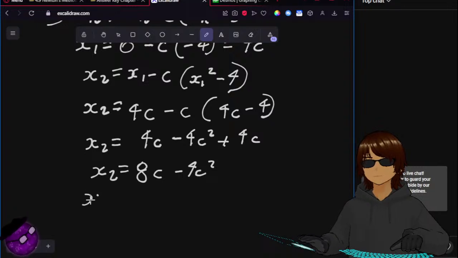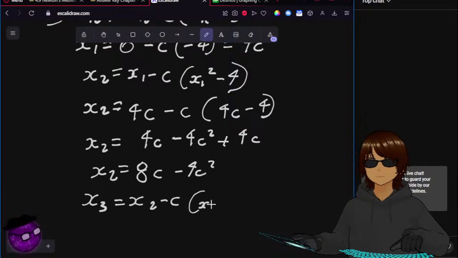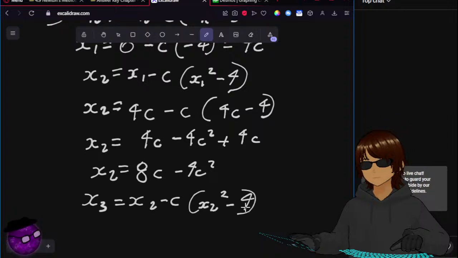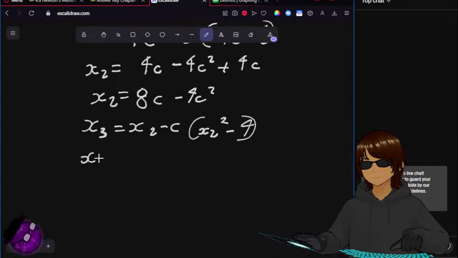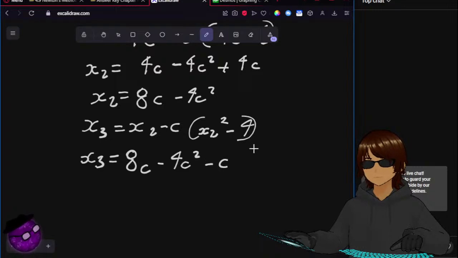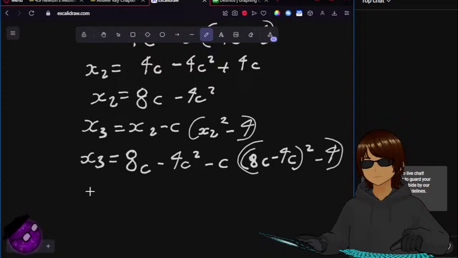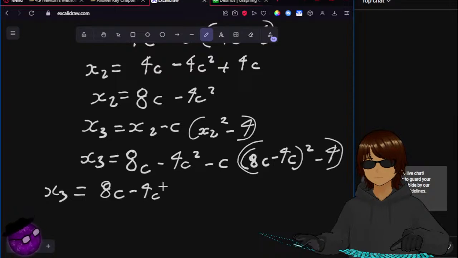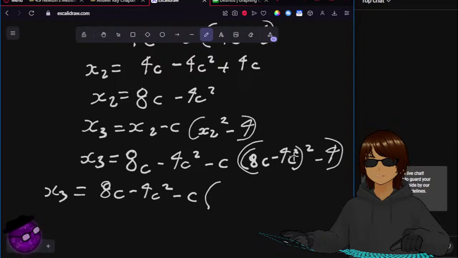And then if we do this, I don't know if I'm doing this correct. 4c squared.